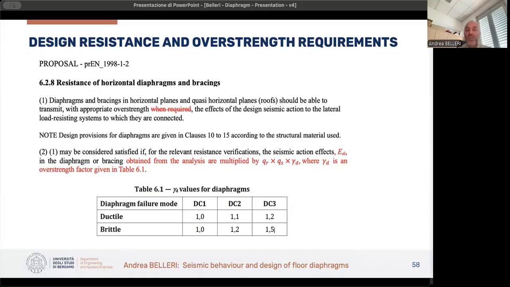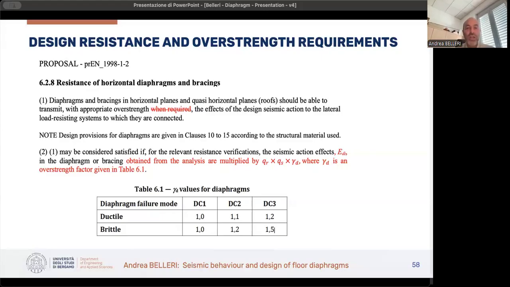So there is an introduction of an overstrength factor that will be different for the diaphragm failure mode in shear, so fragile, or in bending, so ductile. And this is divided by the different design classes that are considered in Eurocode 8.